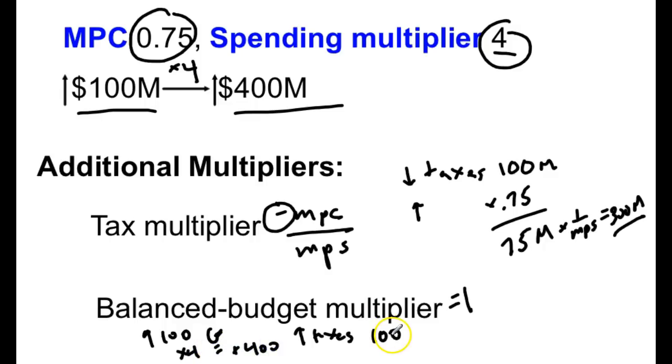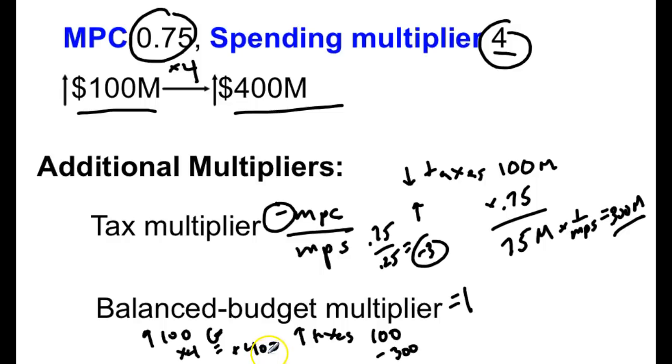But the tax increase will get a multiplier of negative MPC over MPS, or negative 0.75 over 0.25, which gives us a negative 3. So the taxes will cause GDP to go down by 300 million.